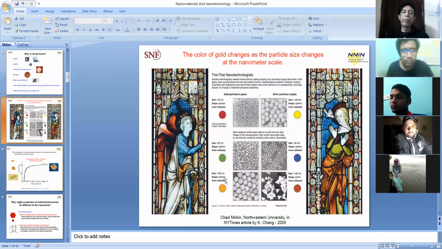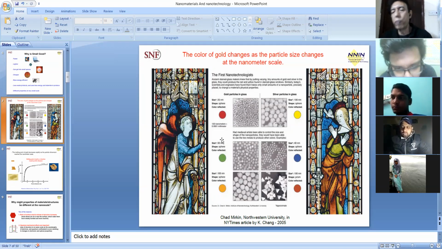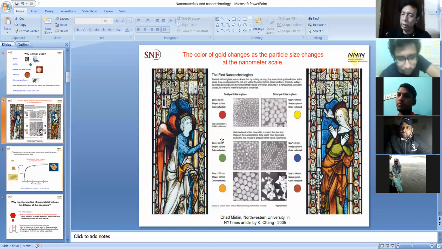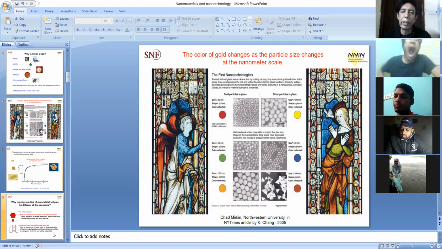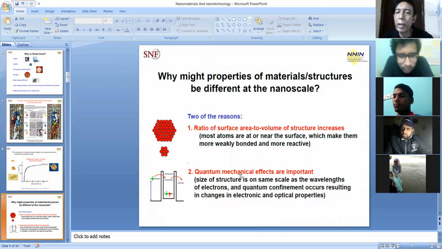So if the size decreases, or if the size differs, in nanoscale, your color will also differ, and this is called quantum mechanical effect. It is very important.